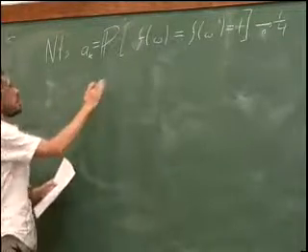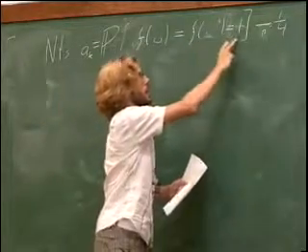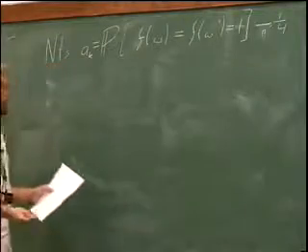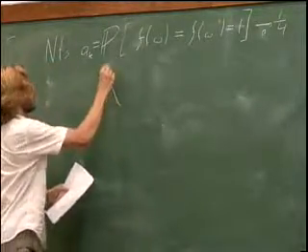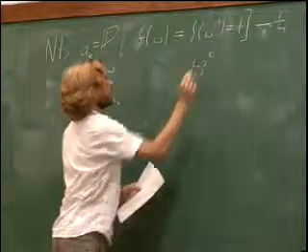So how can it happen that f of omega and f of omega epsilon are both 1? Well, here I'm going to write the outcome omega. Here I'm going to write the outcome omega epsilon.